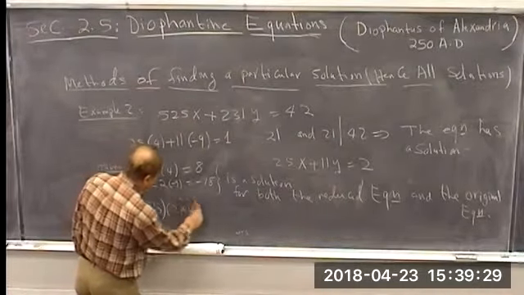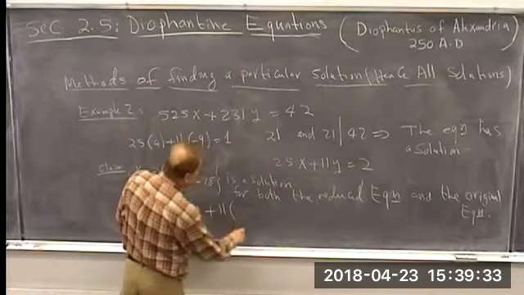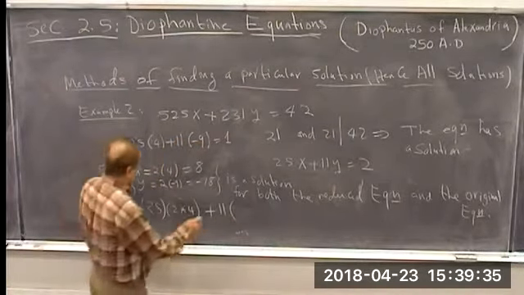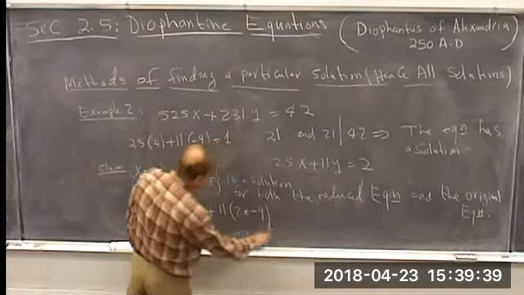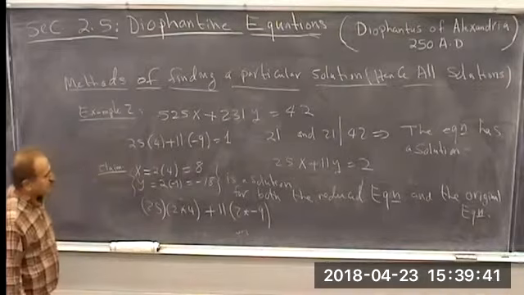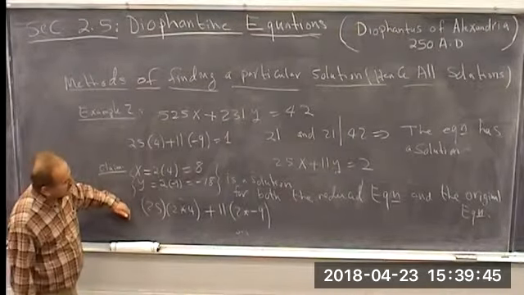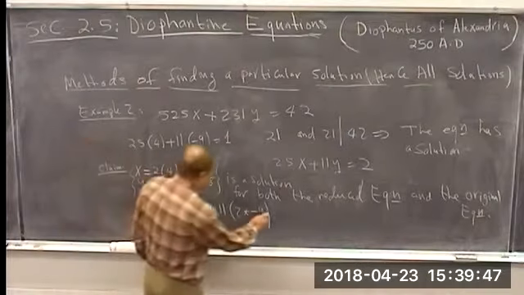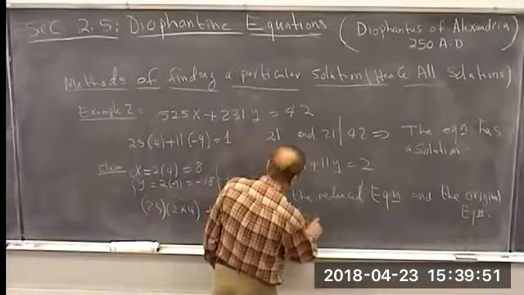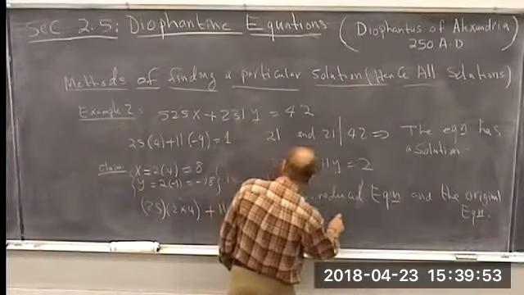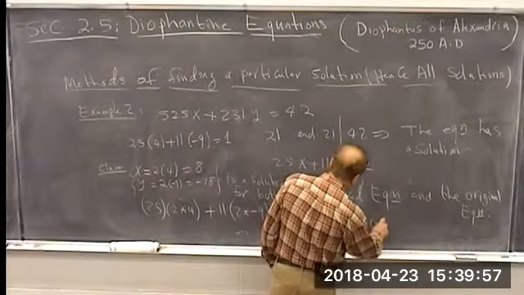Plus 11, and let me write this one as 2 times negative 9. Now, if you take the 2 as a common factor, this is equal to 2 times 25 times 4 plus 11 multiplied by negative 9.